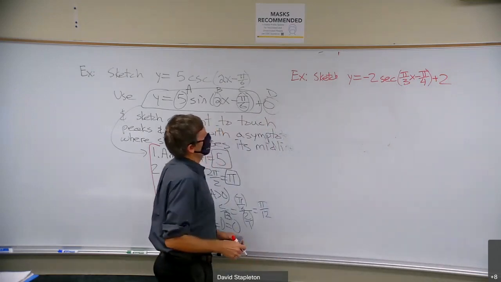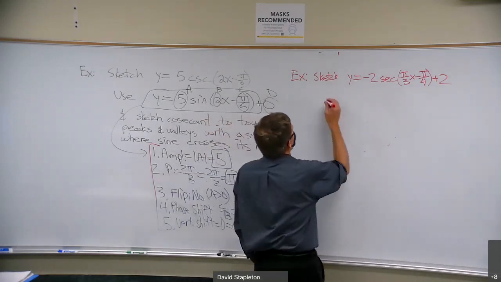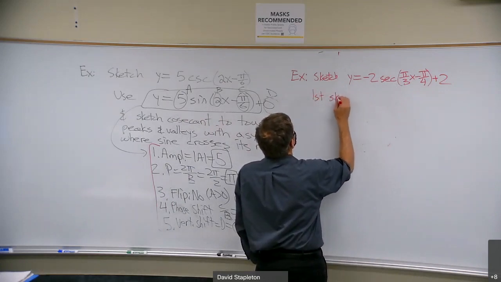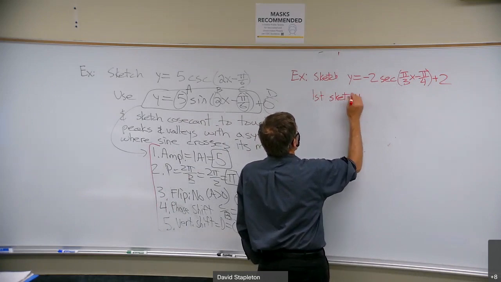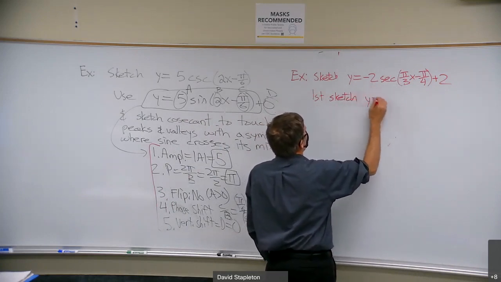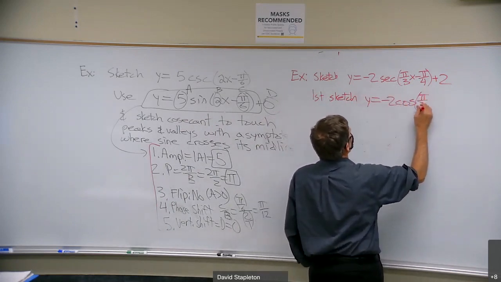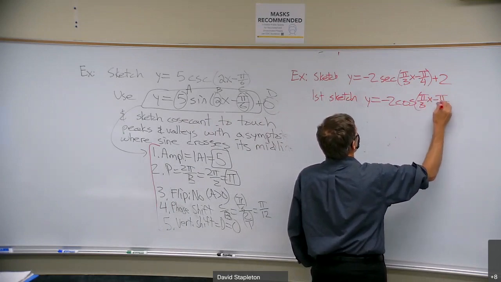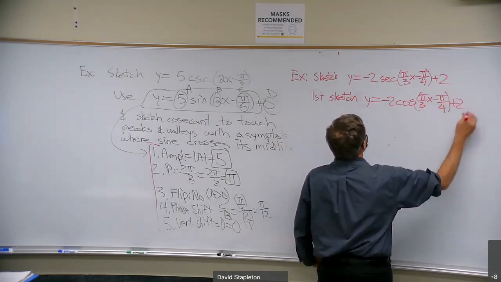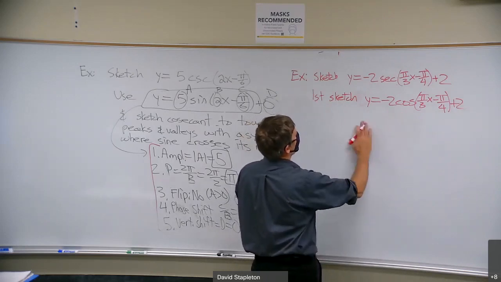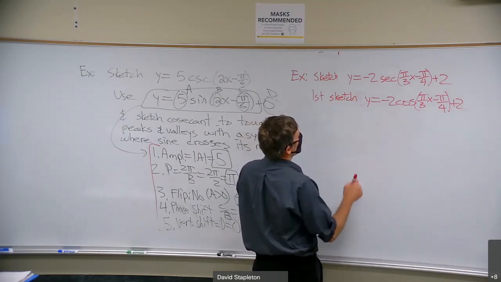What I do is, to sketch secant or cosecant, I'm interested in first sketching, with the same numbers, the reciprocal function, y equals minus 2 cosine of pi over 3 x minus pi over 4 plus 2. So I'll first sketch this one, and this has all the tricks in it, right? So this will be an advanced problem.